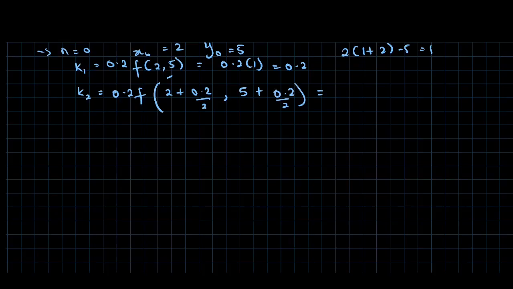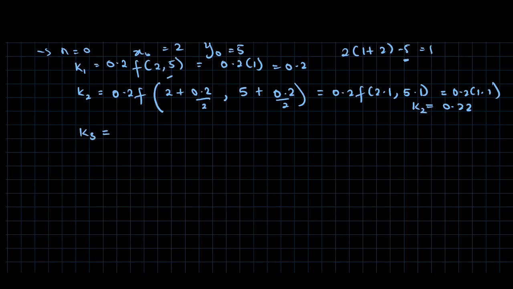You can check the formula to verify. This is going to be equal to 0.2 f of 2.1, 5.1. We put it into the formula like we did before, and we get 0.2 times 1.1, which gives you 0.22. So k2 is equal to 0.22.